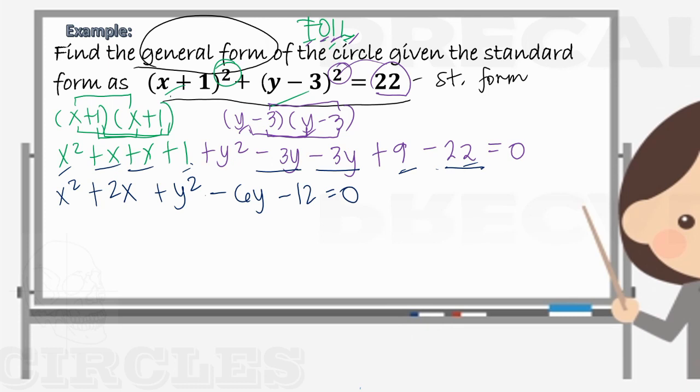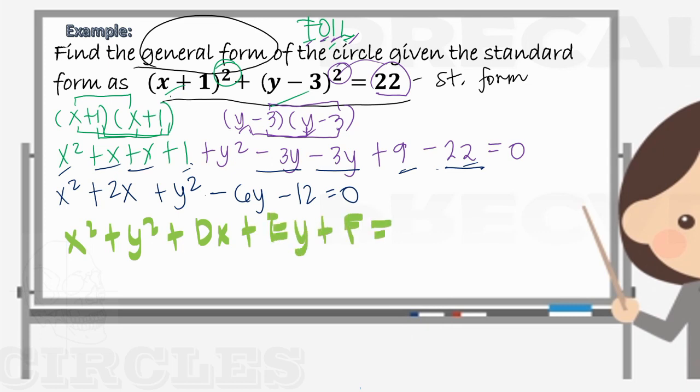Is equal to 0. So, remember yung general form, yung x squared plus y squared plus dx plus ey plus f is equal to 0, where d, e, and f are constant. So, susundin lang natin itong form na to.